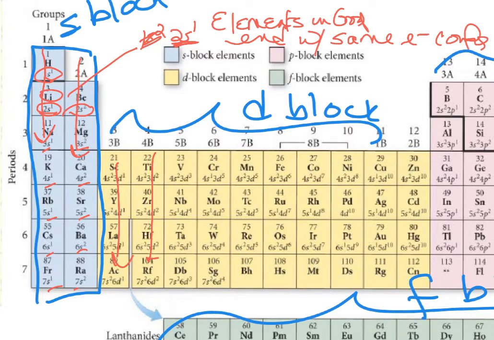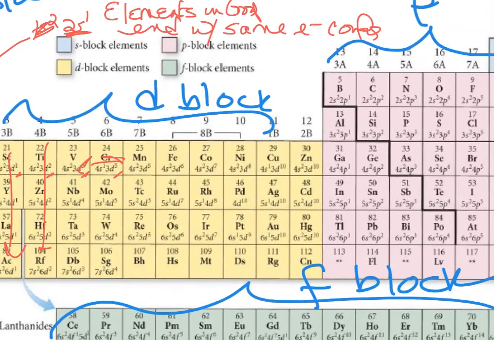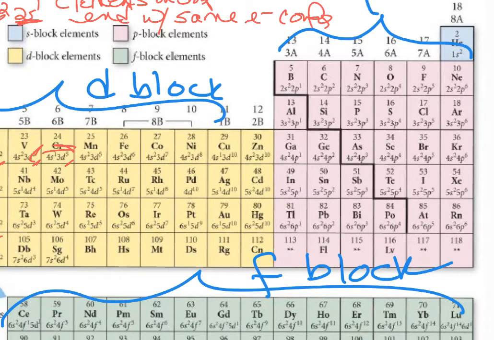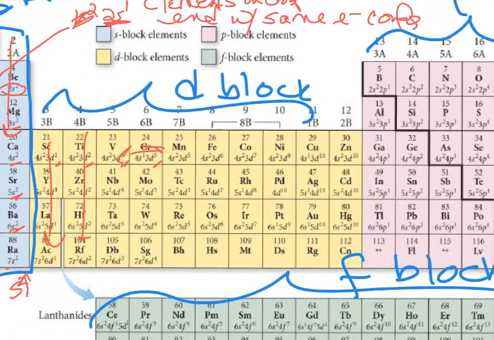In group 1A, all of the electron configurations end in s1. So really, this is called the s1 group. Group 2, they all end in s2, the s2 group. No surprise. And then as you go across the transition metals, d1, d2, d3, d4, etc. Don't worry about those being off a little. We'll talk about that later. Then the P block, again, p1, p2, 3, 4, 5, 6. So that's kind of cool.